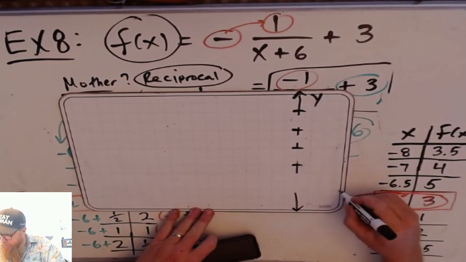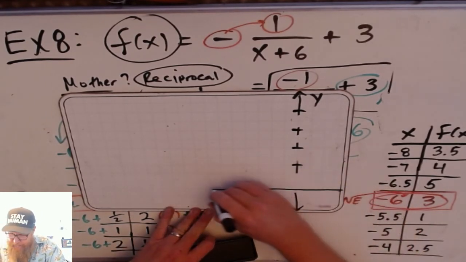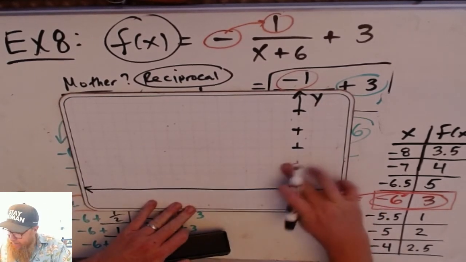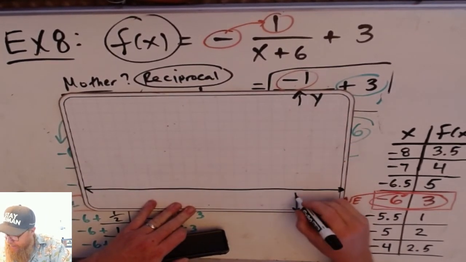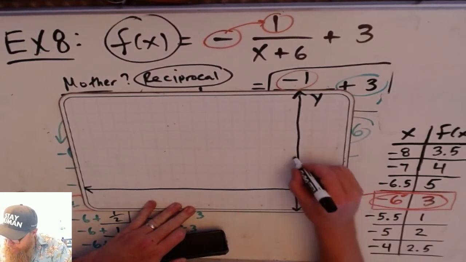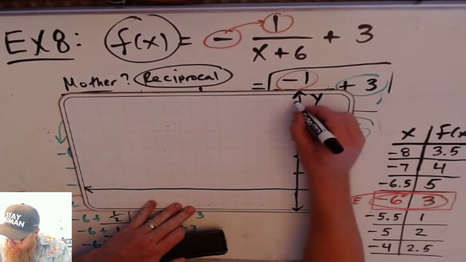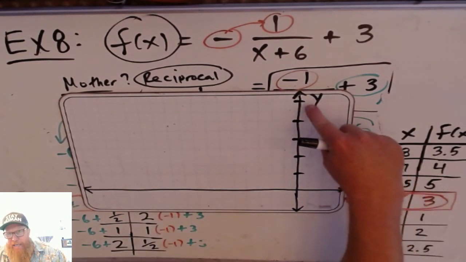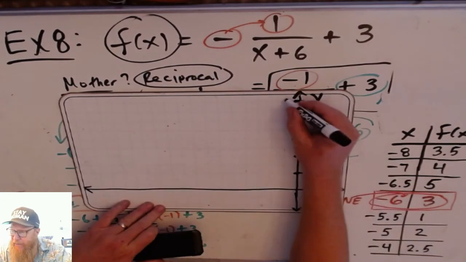This is one thing you won't have to worry about because your graphing plane is all set for you. 1, 2, 3, 4, 5. You see why I'm doing that? I want to make sure that I can get all the way to 5.